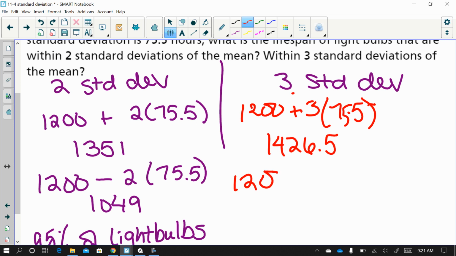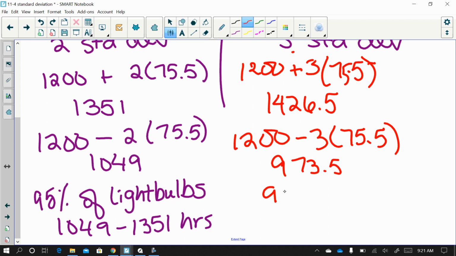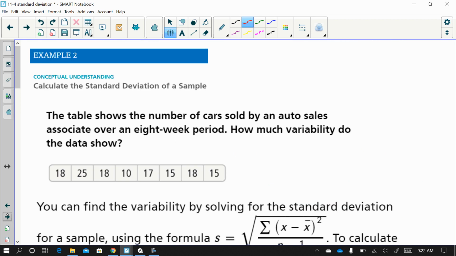Same thing, but now I'm going to switch to minus, and I get 973.5. So we know 99.7% of light bulbs are between 973.5 and 1426.5 hours. We can almost guarantee our light bulbs are going to last 973 hours. All right, so that's the first one.